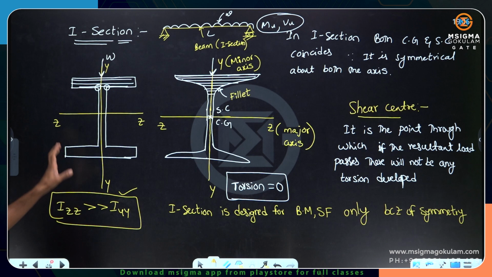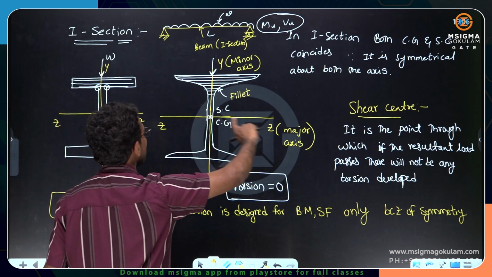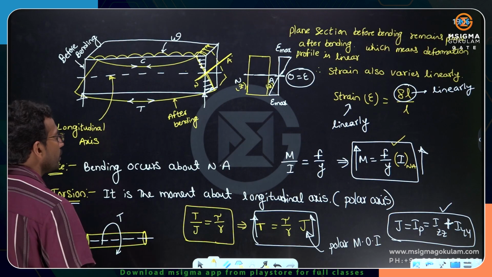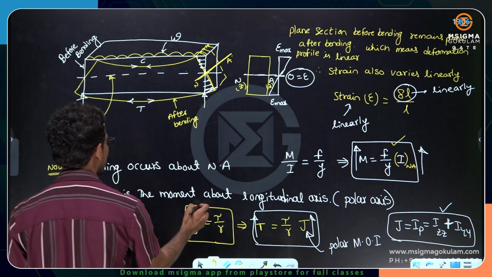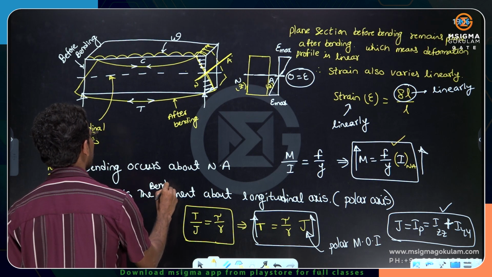The same thing is happening in bending also. Just now I told you that bending occurs about the ZZ axis. Am I correct? If you want, just look back. Look at here, this is what I told. I can say bending moment so that it will be very clear to you.